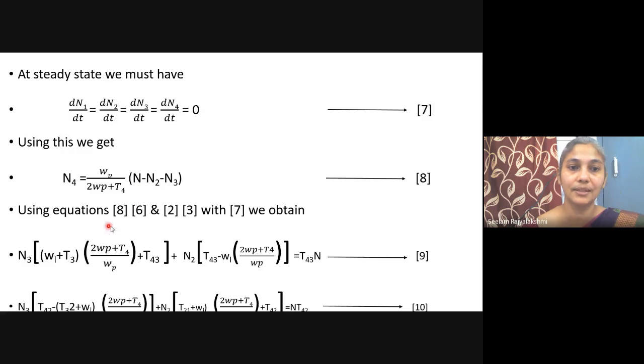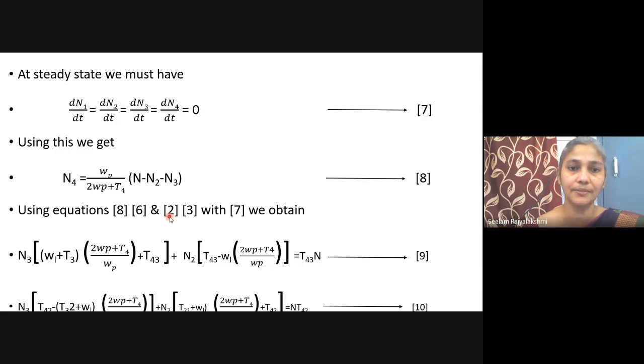Now using equations 8 and 6 with 7, we will obtain N3 (omega L plus T3 (2 omega p plus T4) by omega p plus T43) plus N2 (T43 minus omega L (2 omega p plus T4) by omega p), which is equal to T43 N.